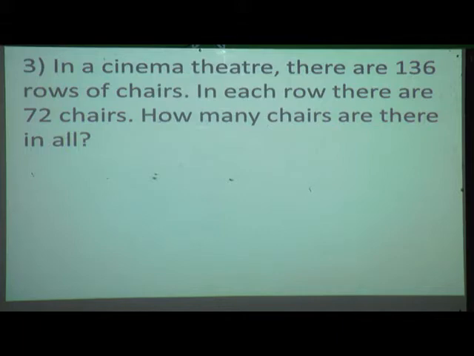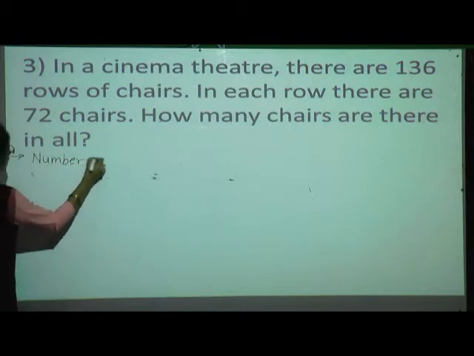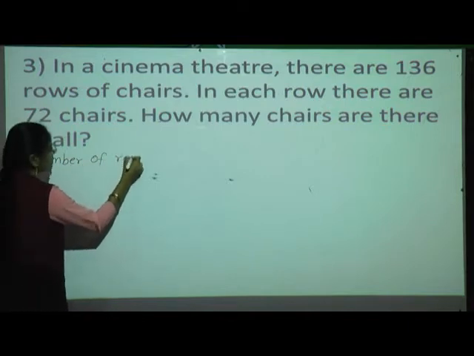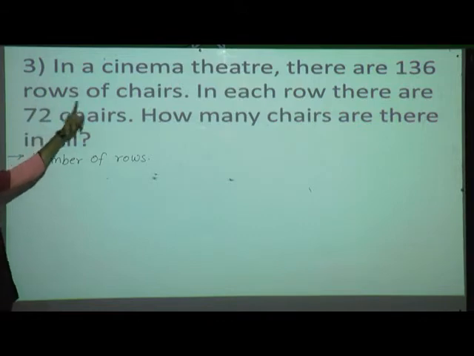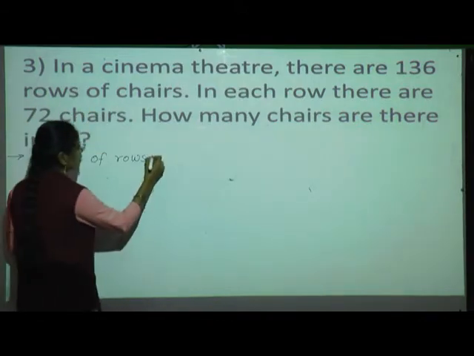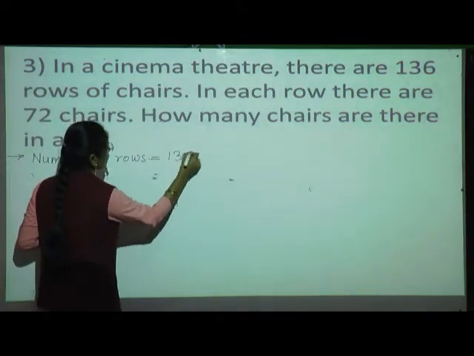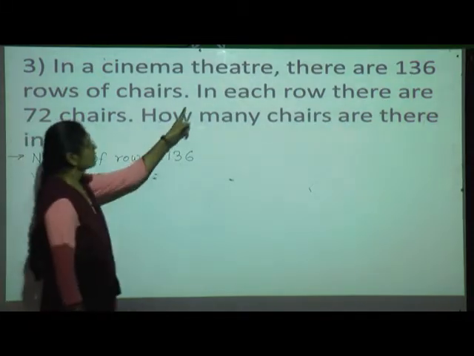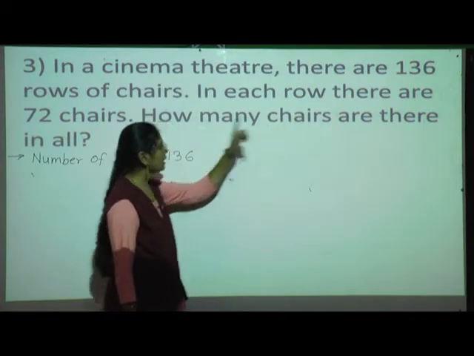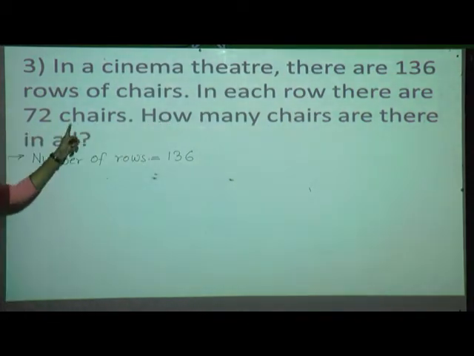136. So what will we write? Number of rows. How many rows are there? Read the sentence. There are 136 rows of chairs. So number of rows is equal to 136. Now the next sentence is, in each row there are 72 chairs.